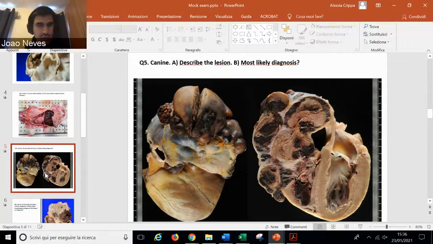But I struggled to understand whether this mass was capsulated or not, because from the view on the left, it looks like there is a region where the capsule of the mass has ruptured. So I'm not sure if we need to describe it as a large, smooth-surfaced, multilobulated mass. Is it okay to say that?